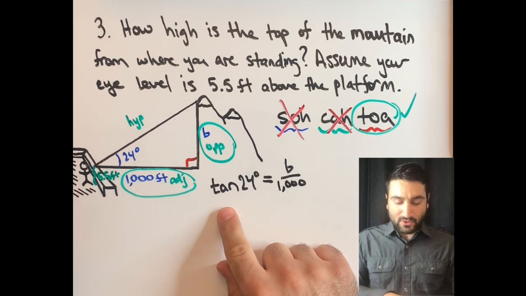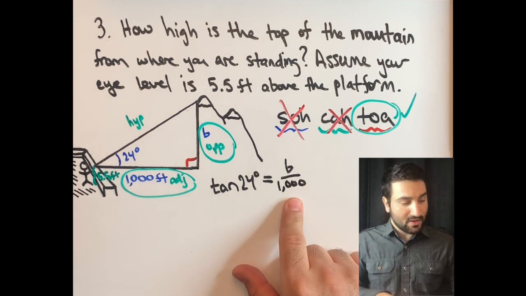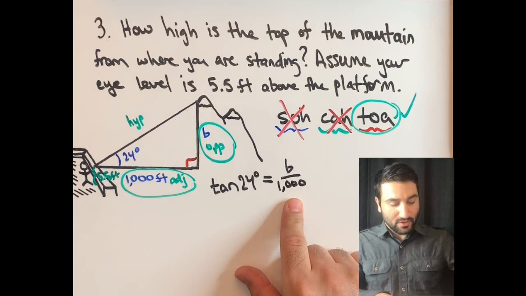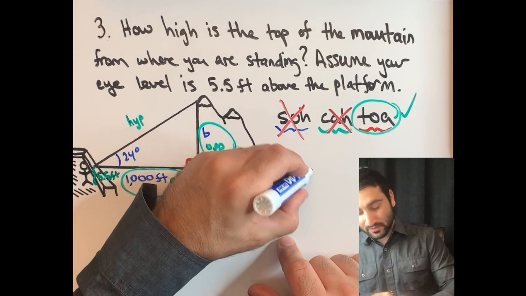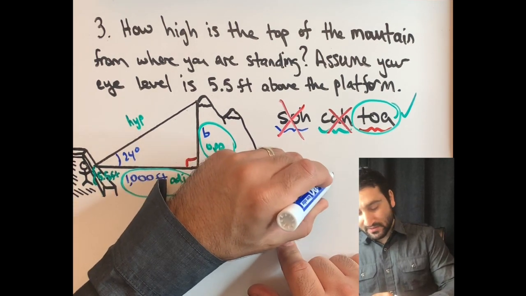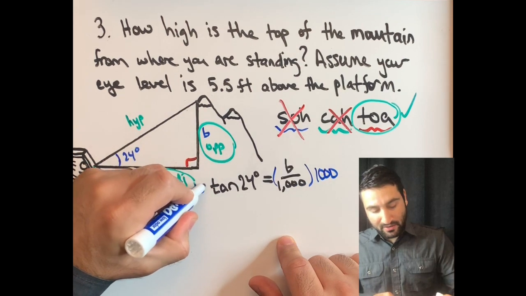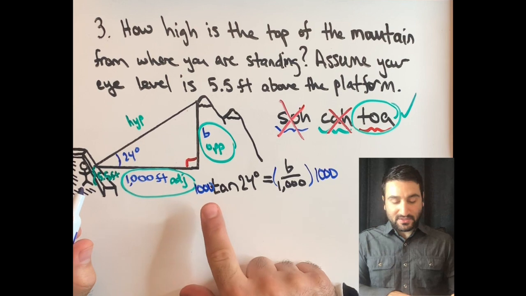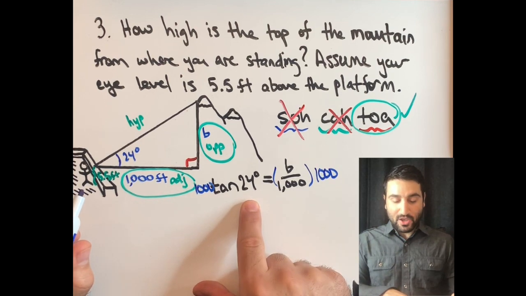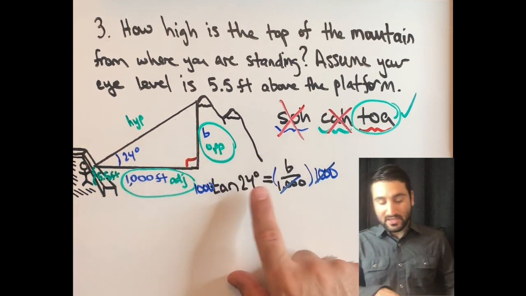In order to solve for B, we first isolate it. It's being divided by 1,000, so we will multiply both sides of the equation by 1,000. So this is 1,000 times tangent 24 will equal B.